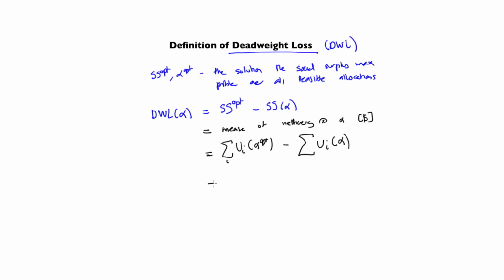And if you remember the results from last section, we can also rewrite this as the difference between two terms: the sum over all benefits of whatever the consumers get at the optimum allocation minus the sum of the cost of producing whatever is produced by every firm at an optimal allocation, and that subtracted minus the same thing, this difference between total benefits and total cost at the allocation alpha, that we're going to denote by this.